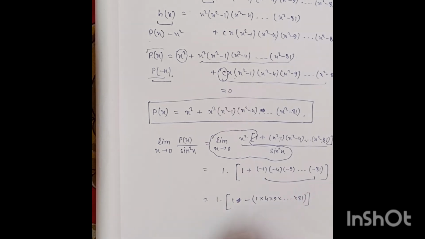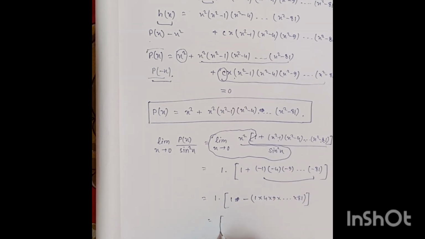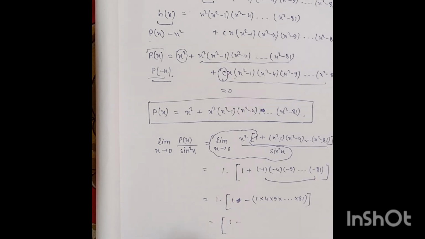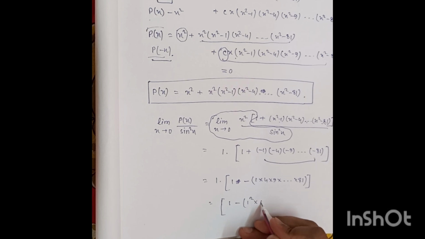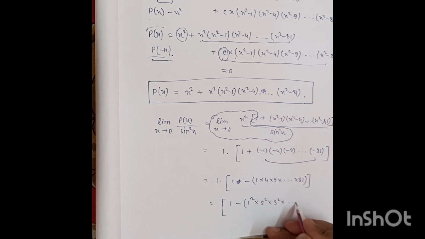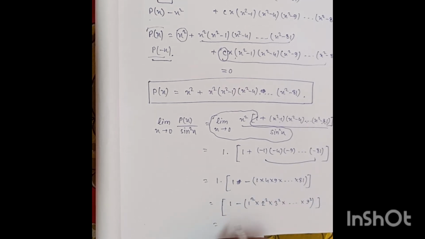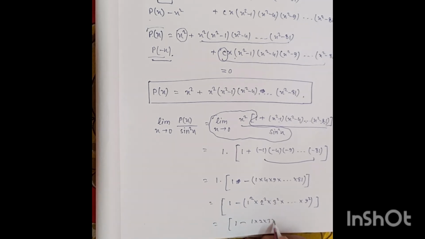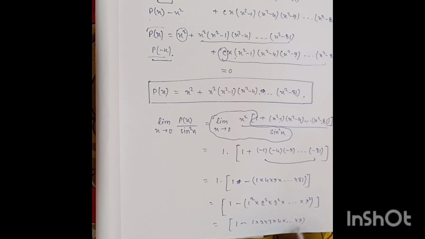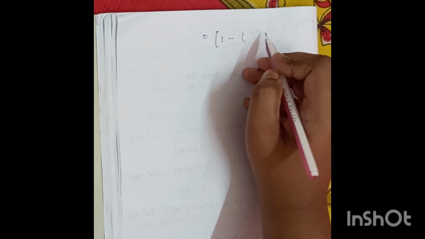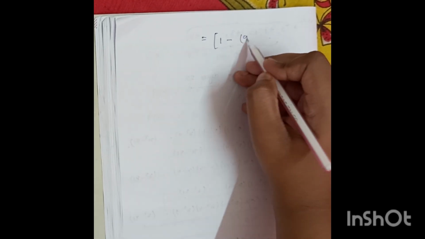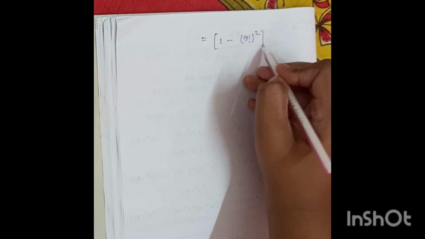And this will be 1 minus, and here it can be written as 1 square times 2 square times 3 square times so on up to 9 square, and this can be written as 1 into 2 into 3 into 4 into so on up to 9, and whole square of this term. 1 into 2 into 3 into 4 into and so on up to 9, that means 9 factorial, and then whole square of that.